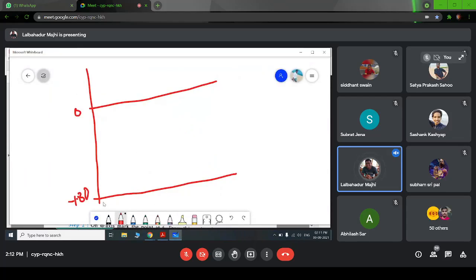Let's say this is 1 and this is 10, one decade, so 6 will be around this point. Okay, this is our 6. So from this point, what will be the slope we have to draw?